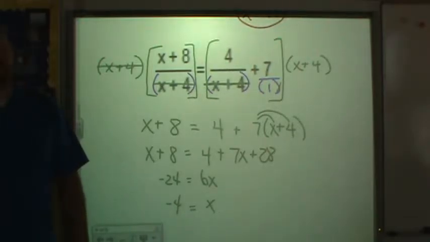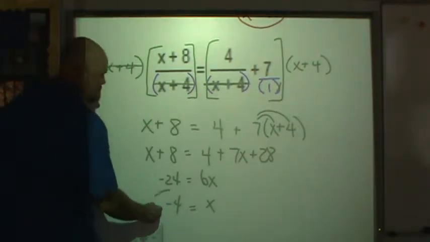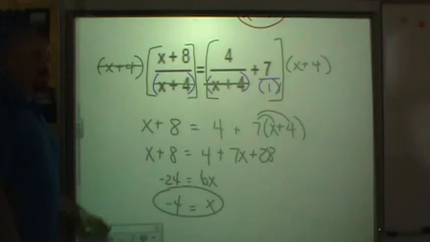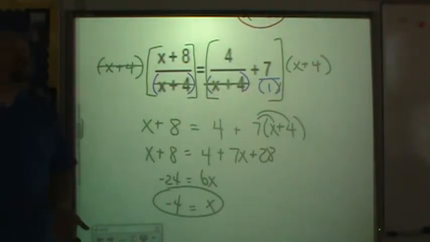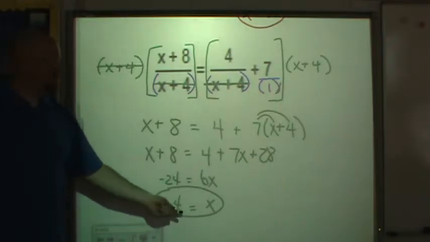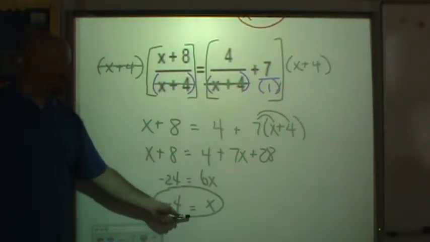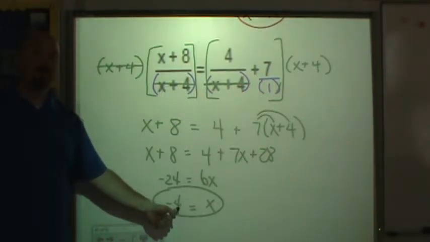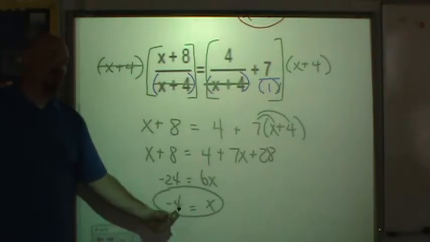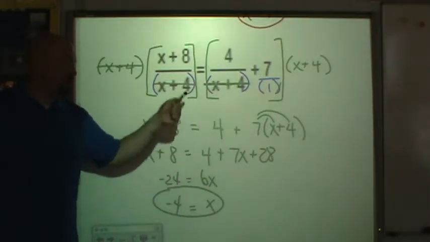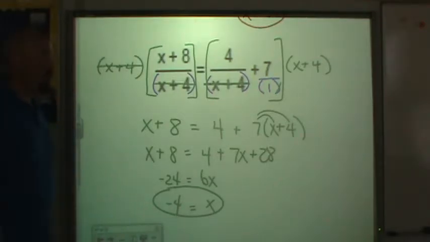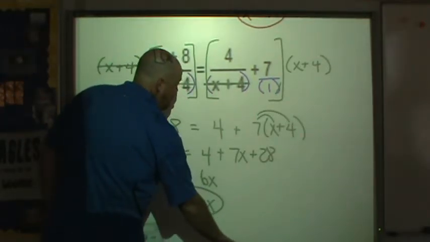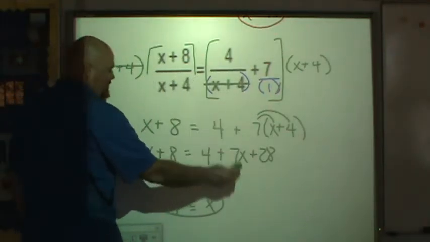Now again, this hasn't happened yet. But if I do this and just march on, I'm ignoring the possibility of this turning these denominators into 0, and this is the first time it's come up. But the value that I got through doing all of my solving, I got x equals negative 4. The problem is these denominators both started out as x plus 4.